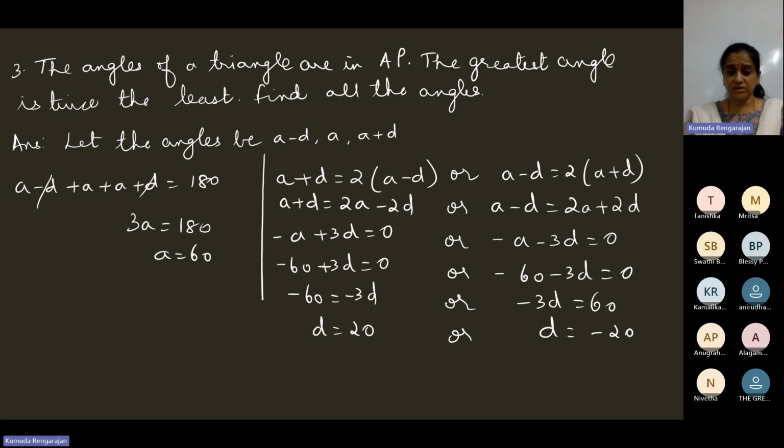So when A is 60, D is 20, and when A is 60, D is minus 20. So the angles are 40, 60, 80 or 80, 60, 40.